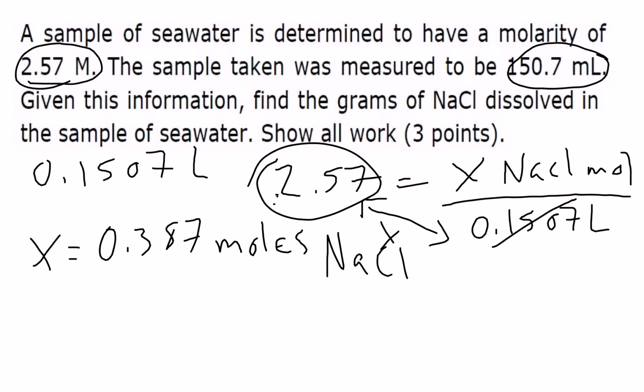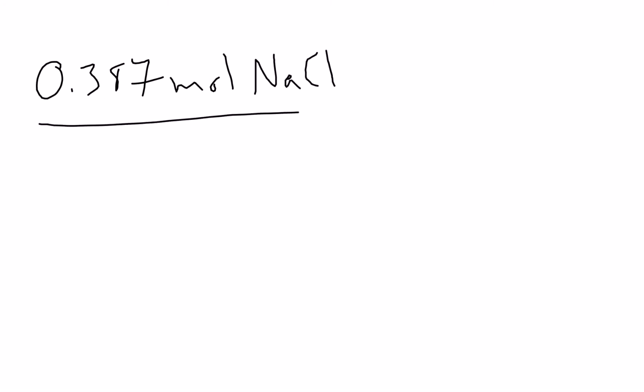So what you would do, if you actually add all of that up, you're going to take 0.387 moles. You know what? Let's do this on a new screen. You're going to take 0.387 moles of sodium chloride, and you're going to convert that into grams.